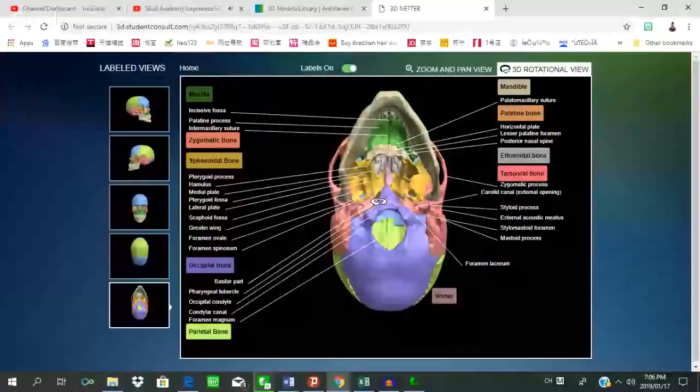So take your time to read and learn these one by one, and then point them out for yourself, because it's important to get this knowledge of all these foramina.